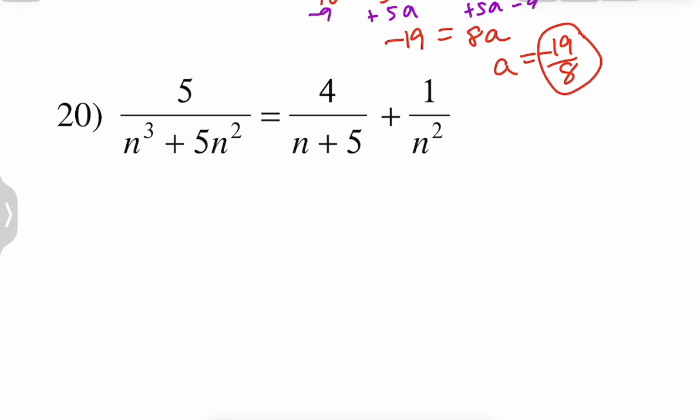Okay, let's look at 20. The denominators are not in factor form. So this denominator is the only one that isn't in great form. They both contain n's, our lowest power squared. So take out an n squared.